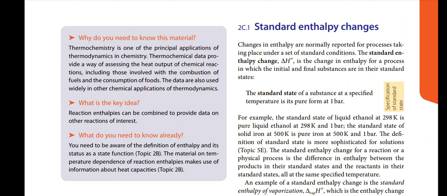The standard state of a substance at a specified temperature is its pure form at 1 bar. For example, the standard state of liquid ethanol at 298 Kelvin is pure liquid ethanol at 298 Kelvin and 1 bar. The standard state of solid iron at 500 Kelvin is pure iron at 500 Kelvin and 1 bar.